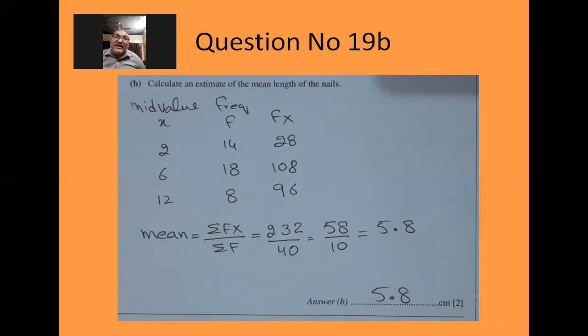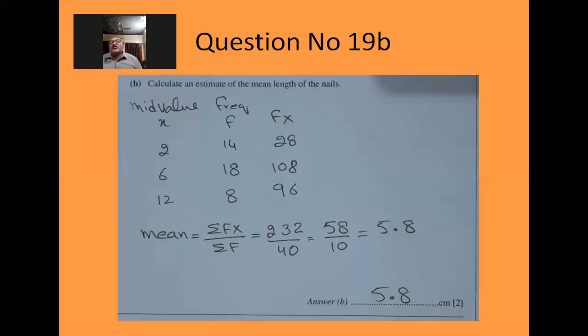Summation fx will be 28 plus 108 plus 96, and that will be 232. So 232 divided by 40, after simplification, you cancel it with the 4, so you will have 58 by 10, and the final answer will be 5.8.